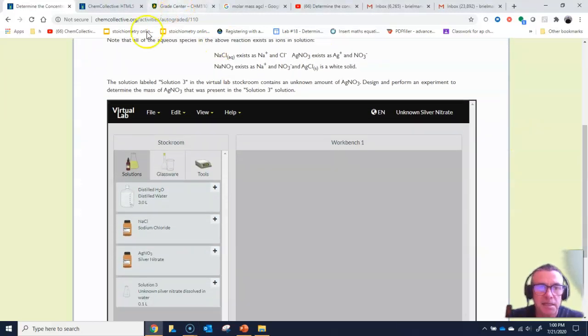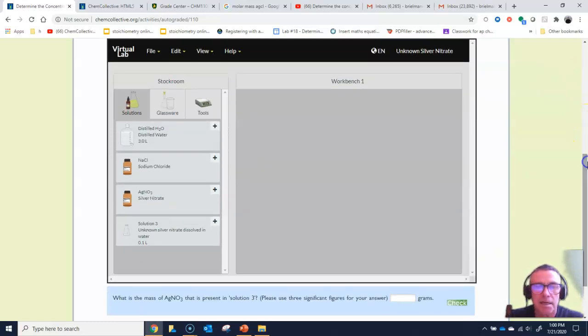It says the solution labeled Solution 3 in the virtual lab stockroom has an unknown amount of silver nitrate. Design and perform an experiment to determine the mass of silver nitrate that was present in Solution 3. Now, honestly, you could spend a lot of time playing around with these things and trying to do what makes sense to you.